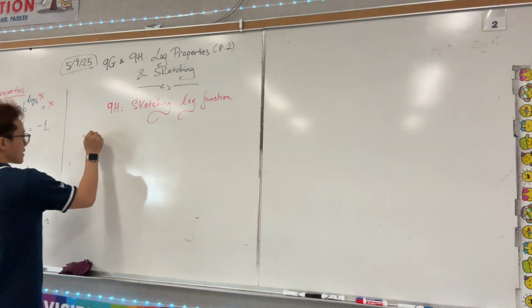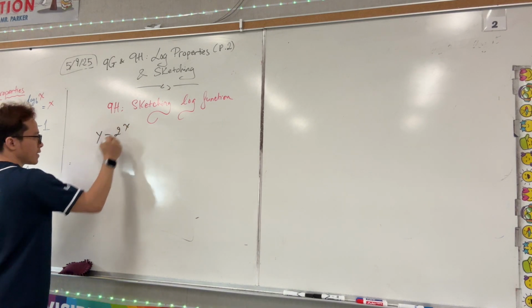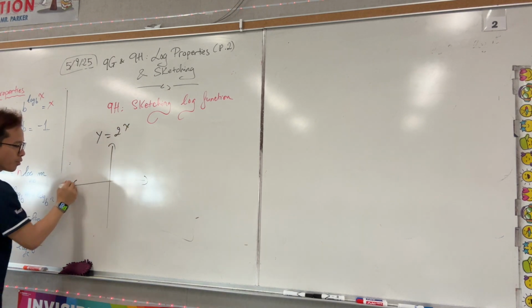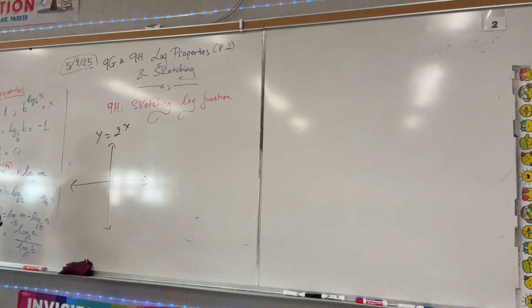Do you remember what the exponential function looks like? The step-by-step is still on the board, like 9A, right? You will have the HA. What is the HA? The horizontal asymptote. What does it mean? What is the definition?